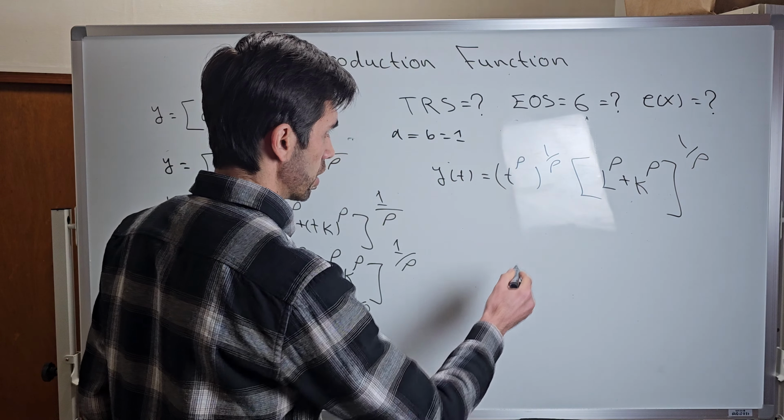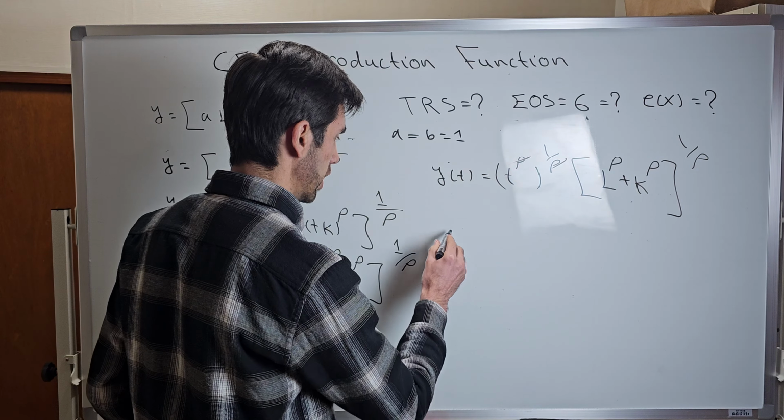Now this will cancel out, and we will have Y(t) is equal to T multiplied by L to the power of rho plus K to the power of rho all to the power of 1 over rho.